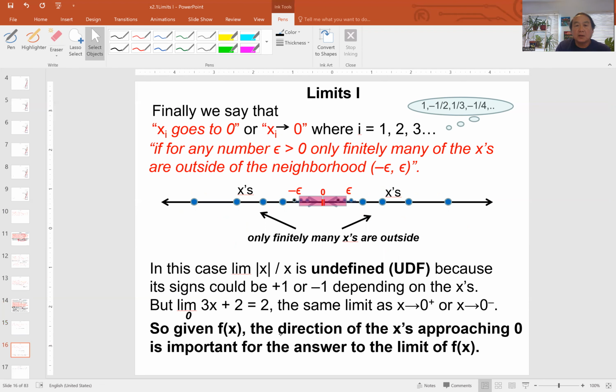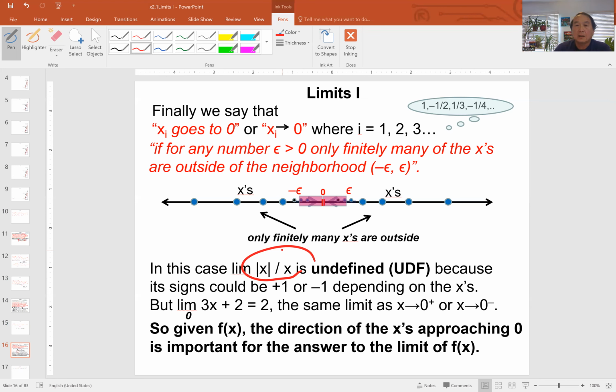Notice in this case, the limit of the formula square root of absolute value of x divided by x is undefined, because the answers are plus or minus. Everybody can think of different ways the pluses and minuses jump: plus one, minus one, plus one, minus one, or another sequence with minuses and pluses jumbled. There's no way you can predict the plus or minus. So this sequence is undefined. Therefore, the limit is undefined.